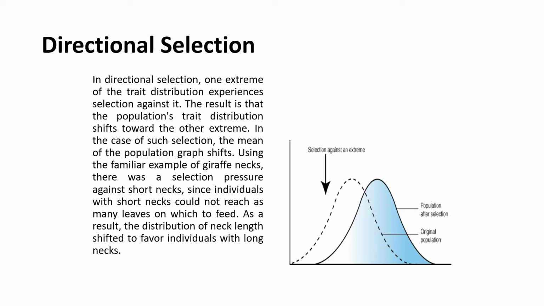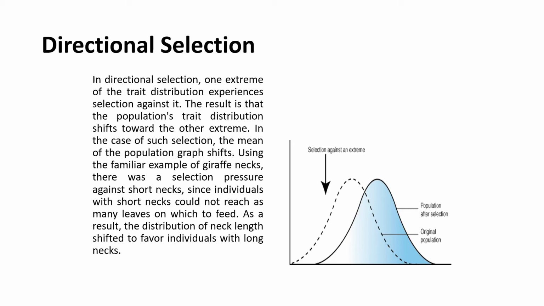As you can see in the graph, the original population and the population after selection show a shift towards the other extreme. The other extreme here is the right hand side of the curve. Now in the case of such selection, the mean of the population graph shifts. So the mean is shifting.